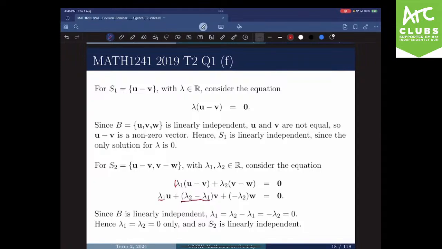Since we know that B is linearly independent, this lambda 1, this lambda 2 minus lambda 1, and this minus lambda 2 all must be 0. So from there, lambda 1 and lambda 2 are both 0, and the only solution is lambda 1 equals lambda 2 equals 0. And so S2 is linearly independent.